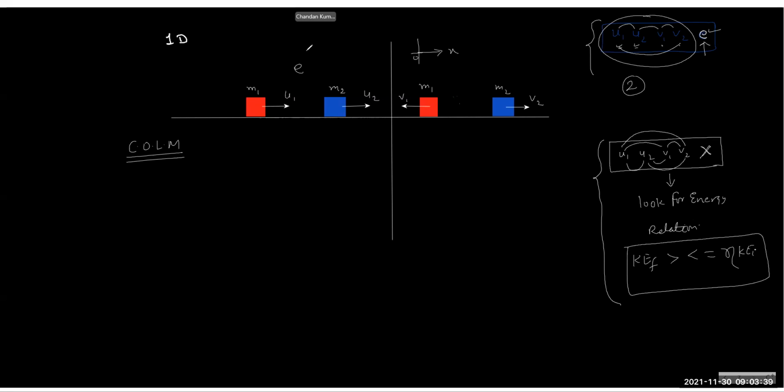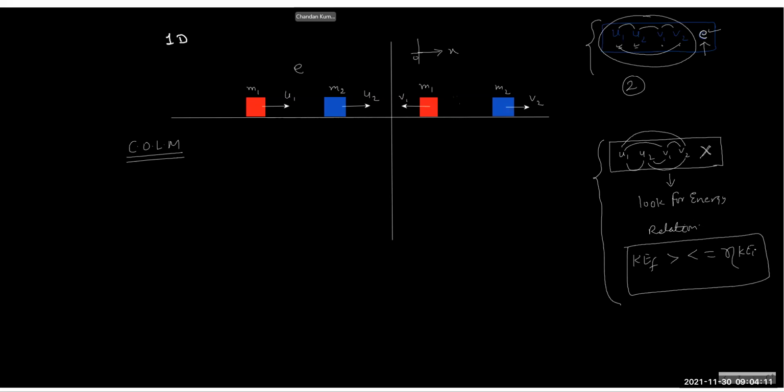Adding does not mean you're adding numerically, you're adding vectorially. One dimension is not a scalar equation, it is still a vector equation, and the directional sense should be respected. So if you take right as positive, you must take left as negative, or vice versa. You may begin with any choice, but you must write things accordingly.